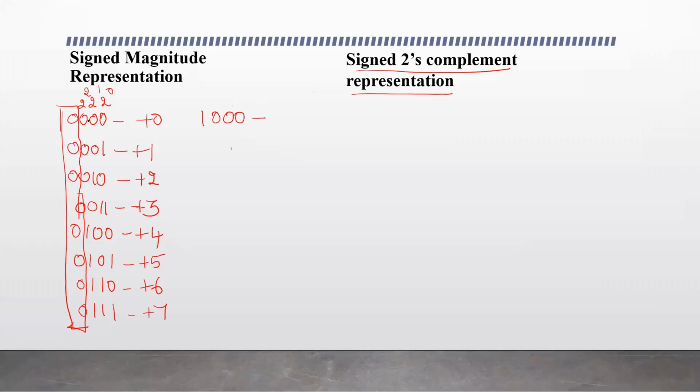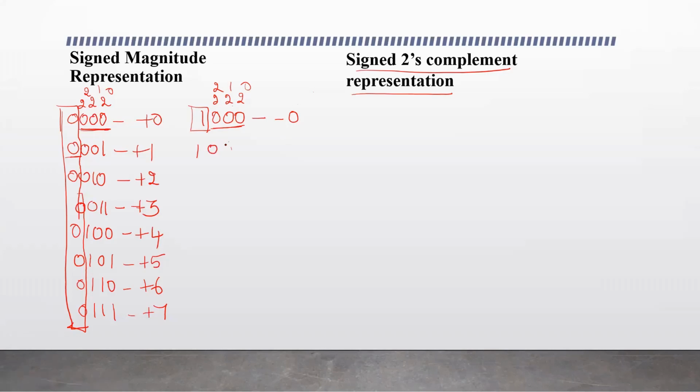Here the data is represented by only these 3 bits. When there are n bits, only n minus 1 bits represent the data, correct? So 0, 0, 0 is plus 0, and 0, 0, 0, 1 is plus 1, as the sign bit is 0. We will not consider the sign bit with the magnitude. So 1, 0, 0, 0 is minus 0.